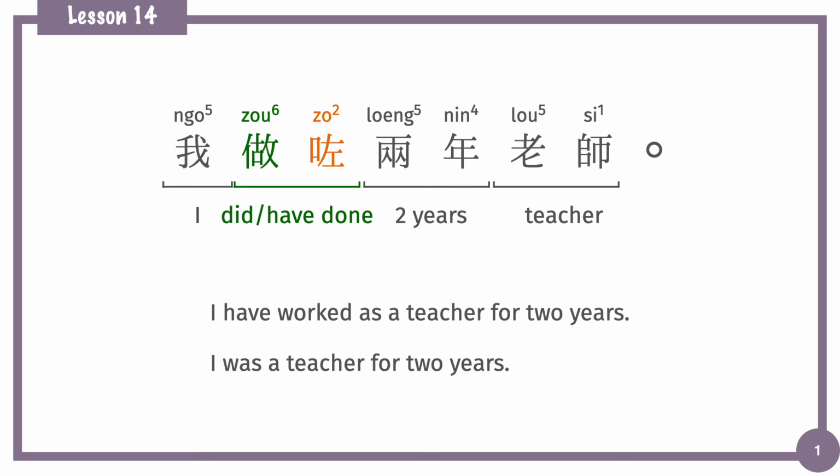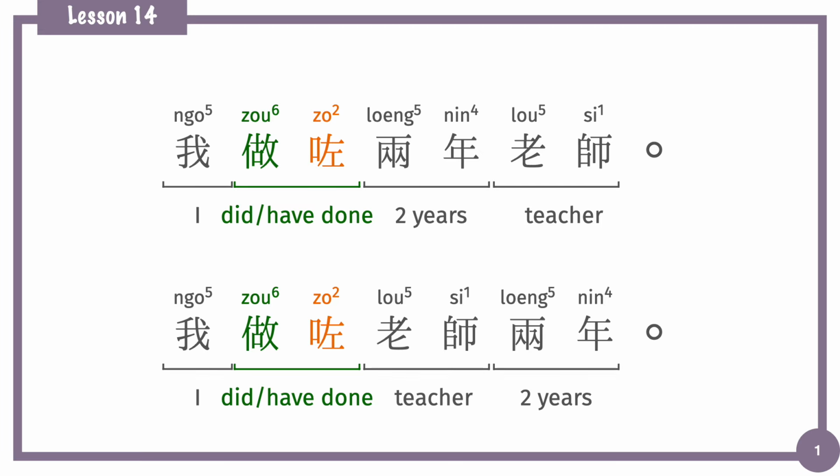Okay, you can see the word order is a little bit different from the first sentence that we saw. We changed the word order of the last 2 elements, the duration, the time, and the object. Only for meaning, 我做咗2年老師 and 我做咗老師2年 are the same.